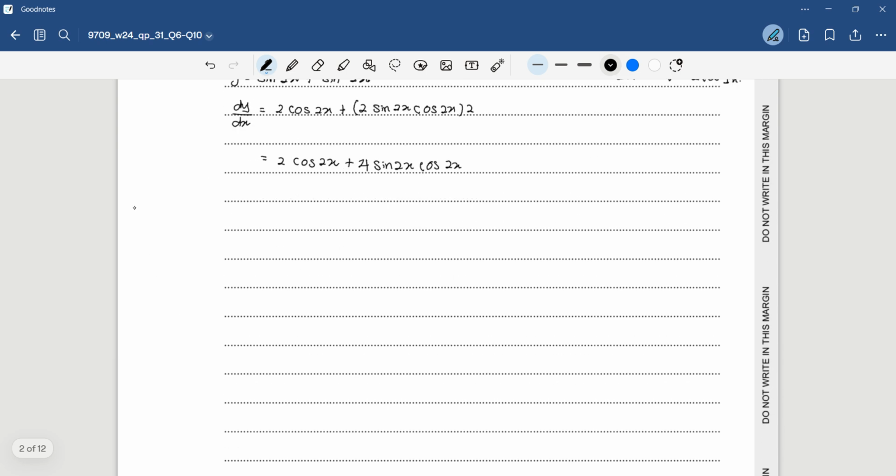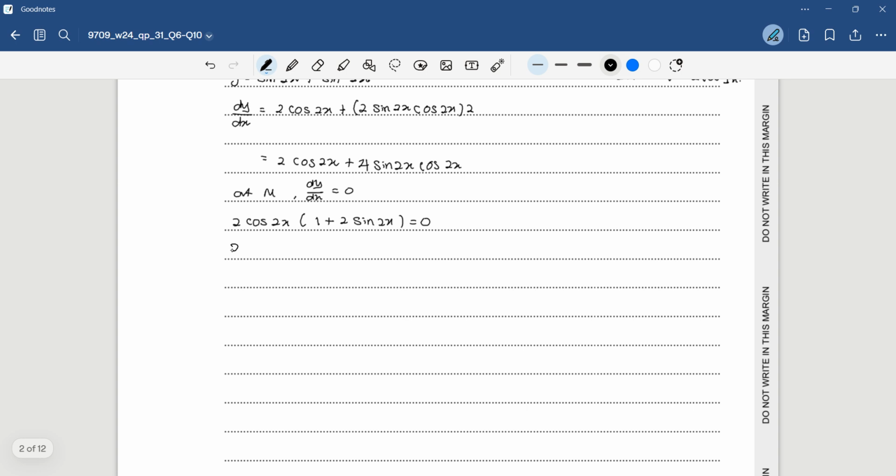Now at M, dy over dx equals 0, which means I can factorize the 2 cos 2x, and then 1 plus 2 sine 2x equals 0.